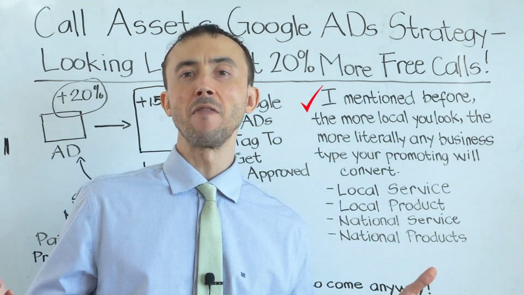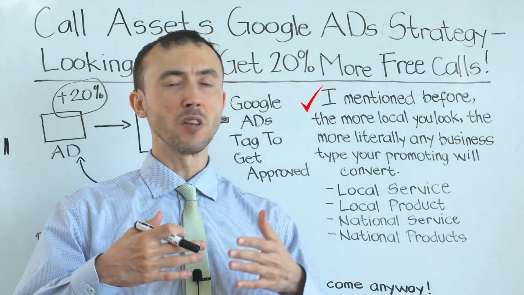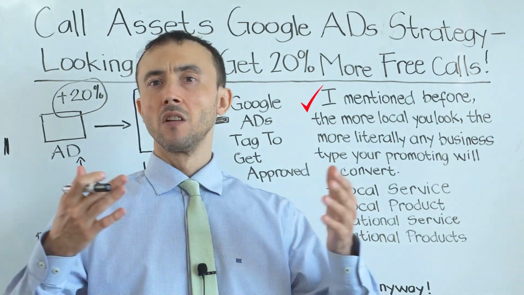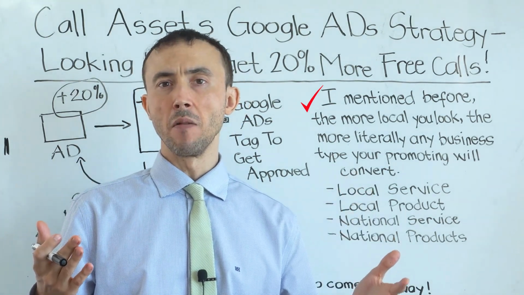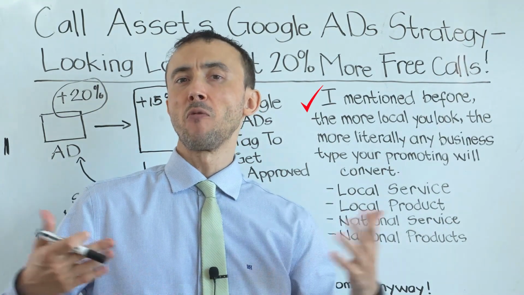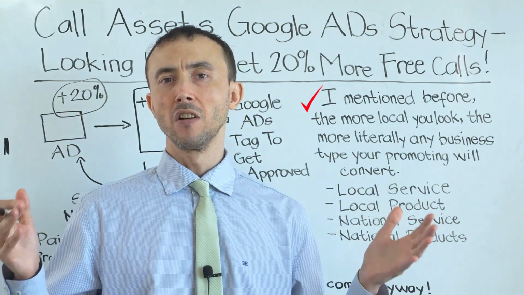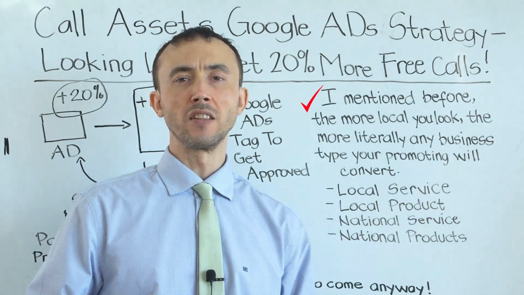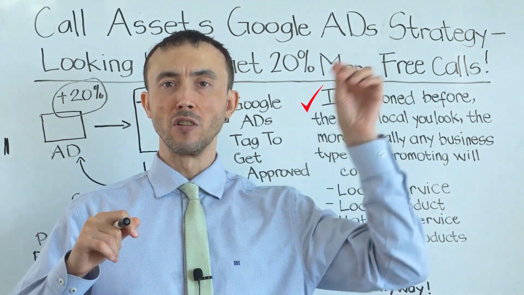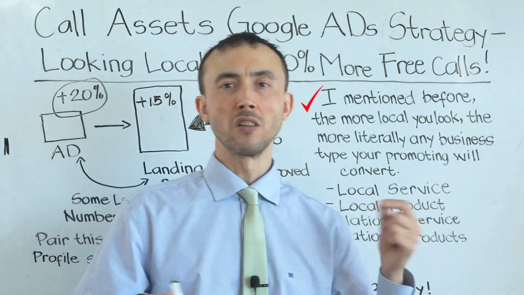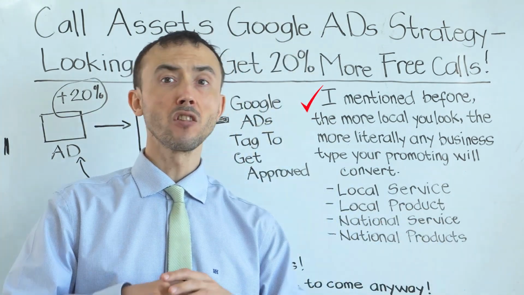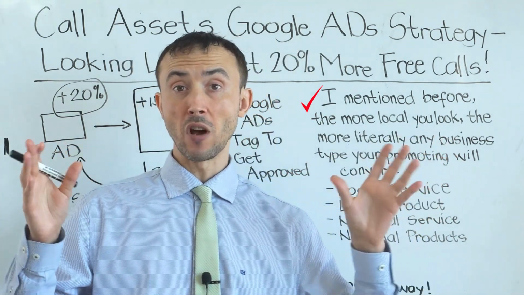People also want to buy from people like them. They think if somebody's local to them, that person's got values like them. They don't trust outsiders, and therefore they're going to buy from you at a higher rate because of that. And I'm sure there's plenty of other psychological reasons why somebody would want to buy from somebody that's local versus national. We use this all the time in terms of national companies trying to look local.